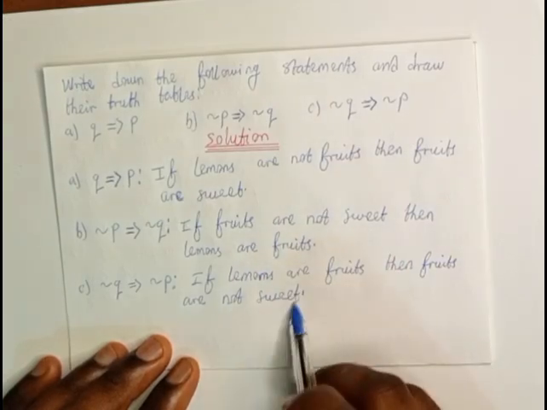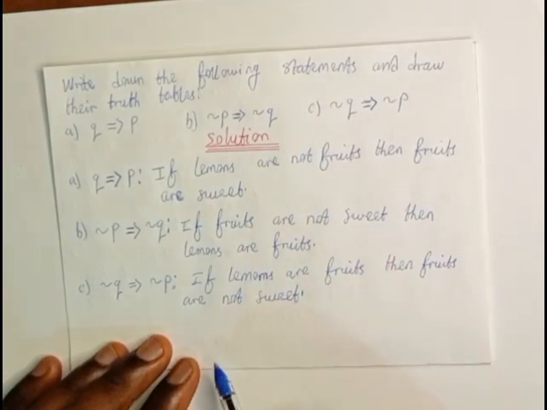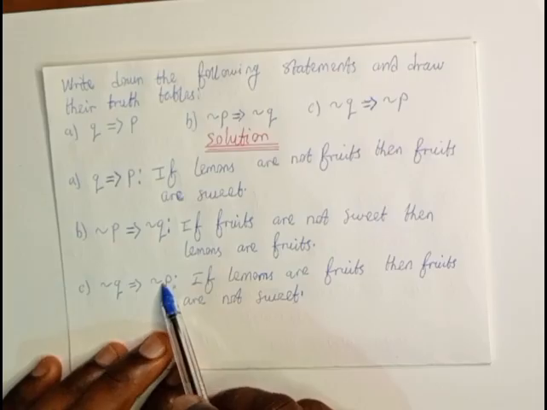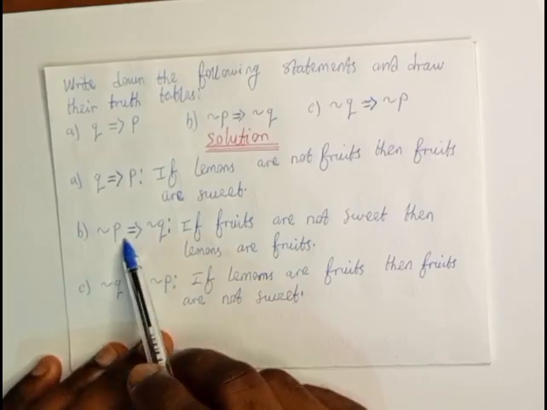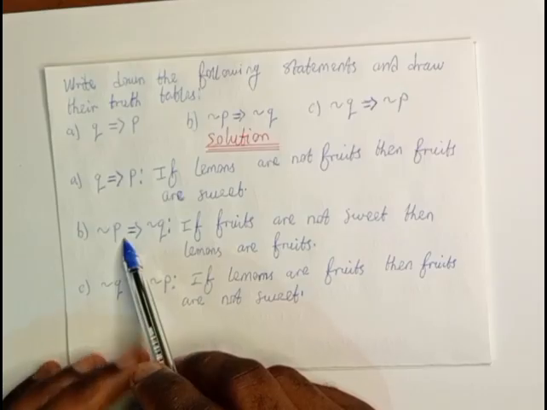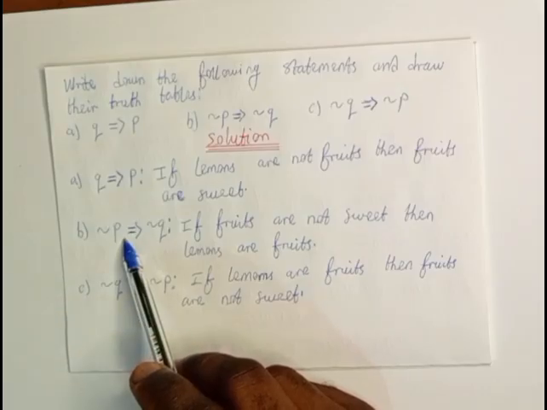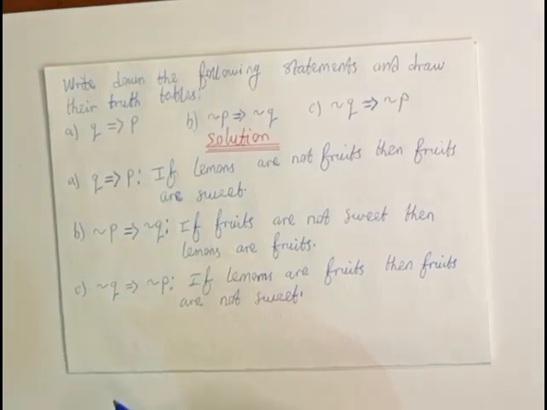You can see the difference of the two. This is the contrapositive of the two statements P and Q, while this is the inverse of the two statements P and Q. Now let's draw the truth tables of the three statements.